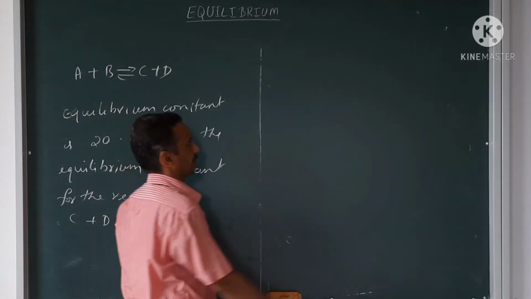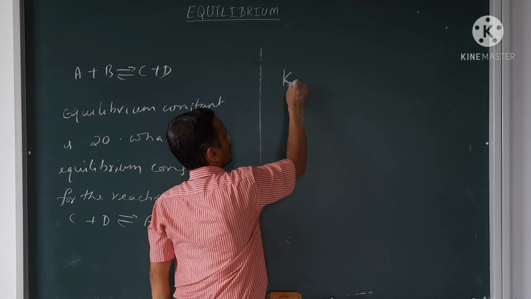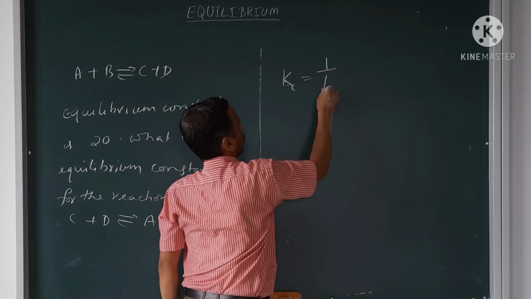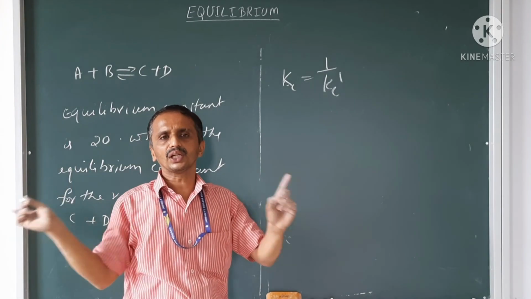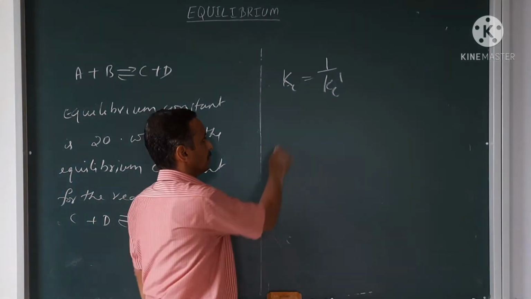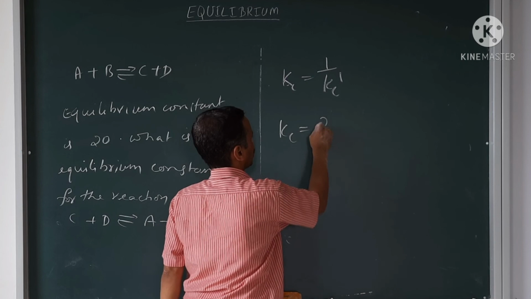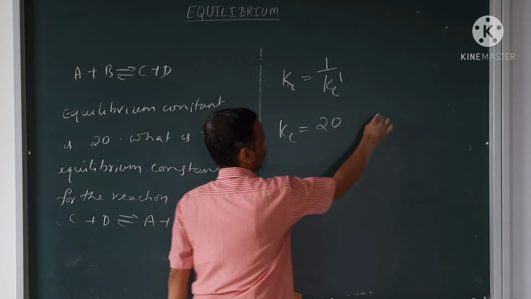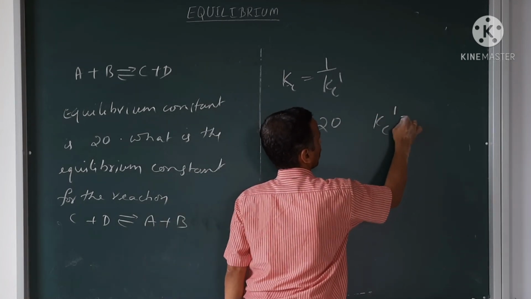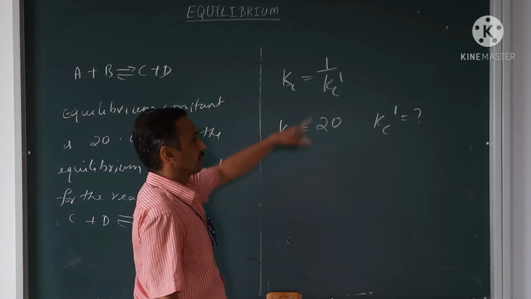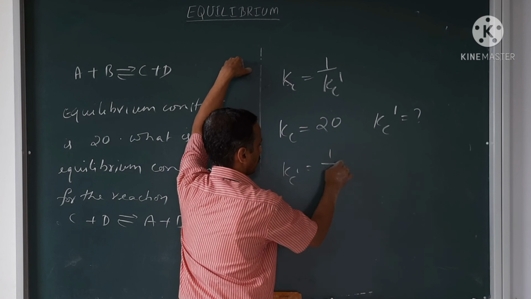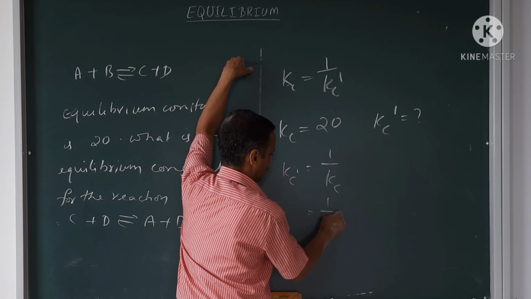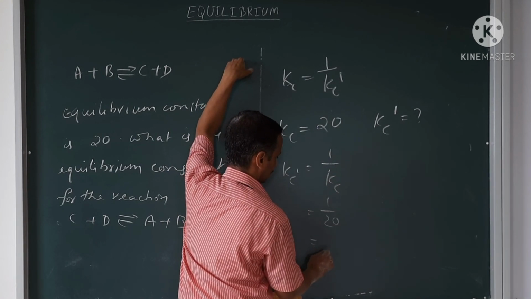So use the relation then. Kc is equal to 1 over Kc dash, because I just reversed the reaction. Kc value is given as 20, so I want to know the Kc dash, how much? So what happens here? Kc dash is equal to 1 over Kc, 1 over 20 will be there, get the answer.